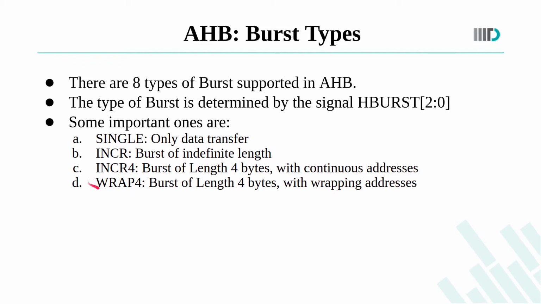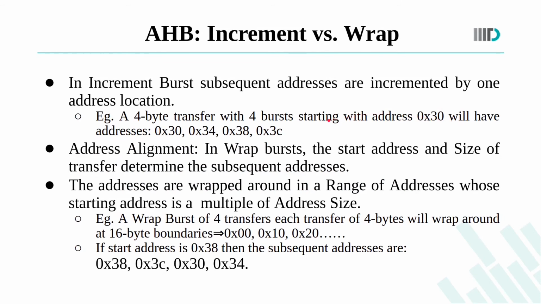And then there is WRAP4, which transfers 4 chunks of data, but the addresses corresponding to those data are wrapped around along the address alignment boundaries. For example, in the incremental transfer, we send data from 0x30, then 0x34, then 0x38, then 0x3c.